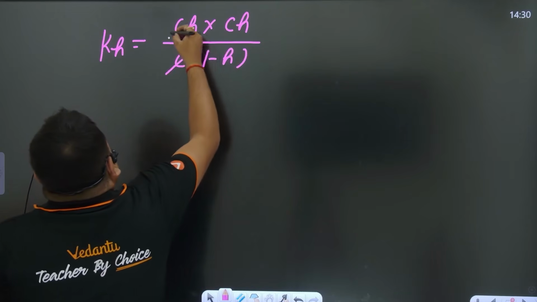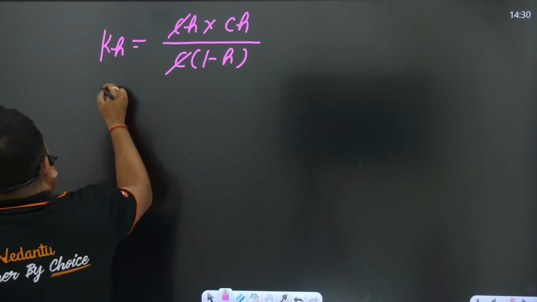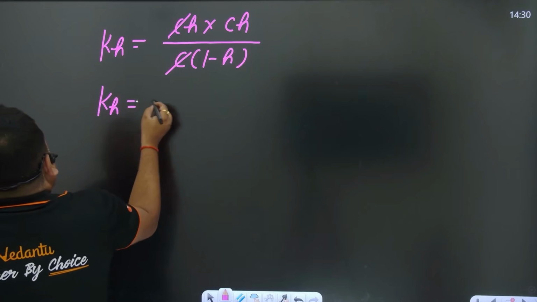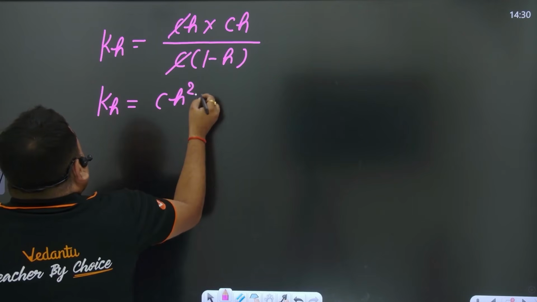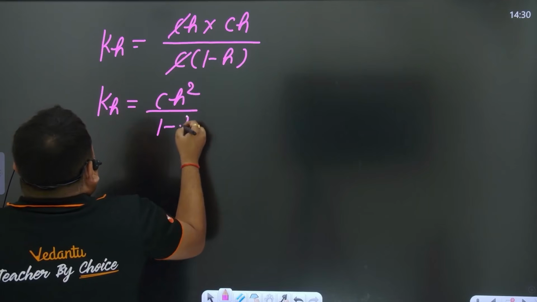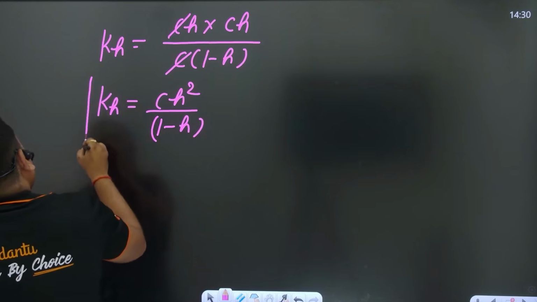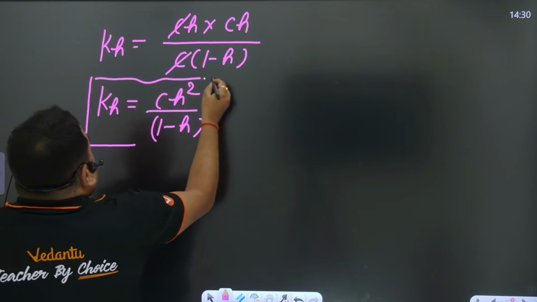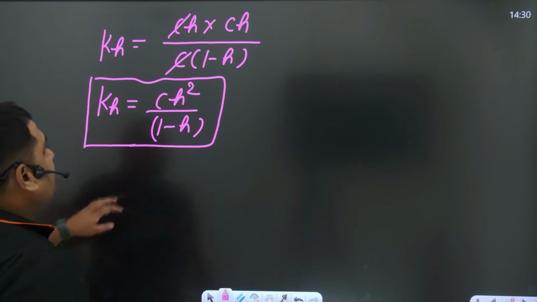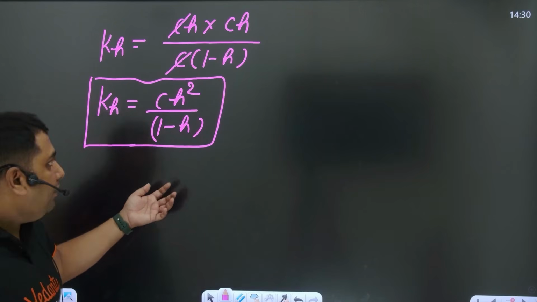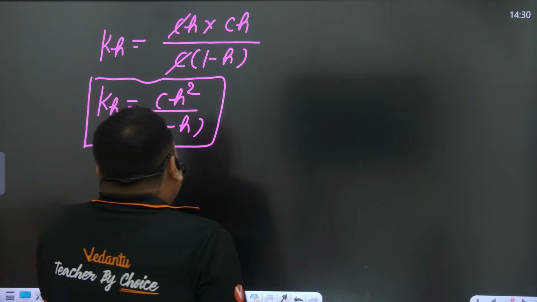Now C and C cancel out, then you get Kh is equal to Ch square divided by 1 minus h. So you get the value of Kh is Ch square divided by 1 minus h, right?